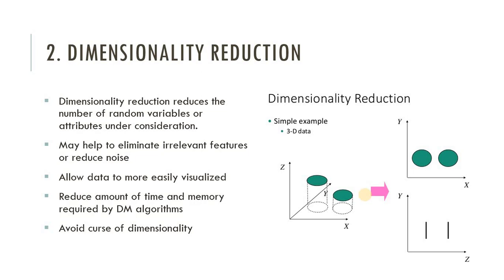In dimensionality reduction, we are converting our three-dimensional or multi-dimensional database into two-dimensional or one-dimensional data. Suppose in the example, this is a three-dimensional database. We apply the dimensionality reduction technique on that, and we convert that data into a 2D or 1D representation.